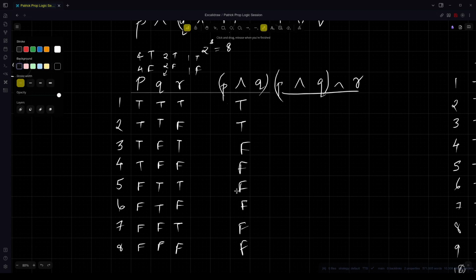You have this table, right? And what you want to do is P and Q and R. So what you'll do is just compare this table and apply the rules of conjunction with this column. So true, and then false, false, false, false, false, all falses.